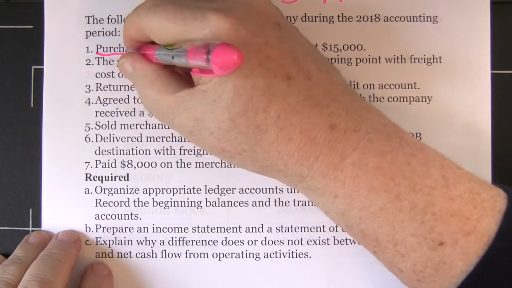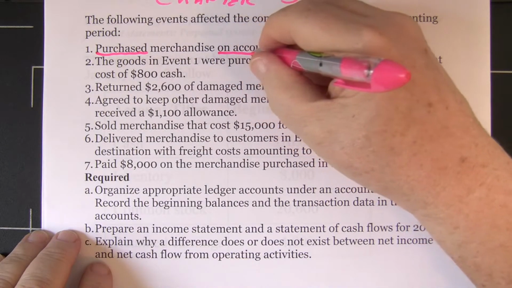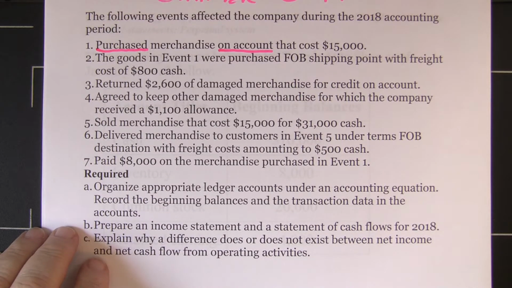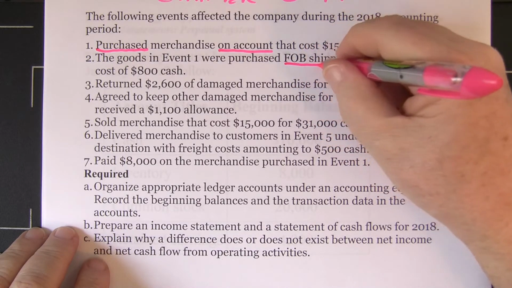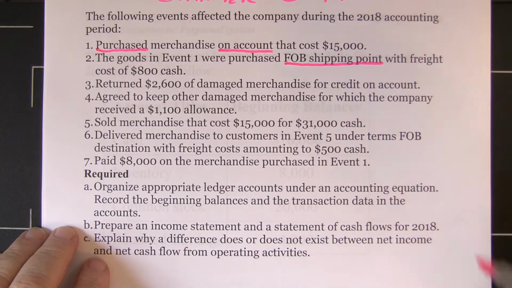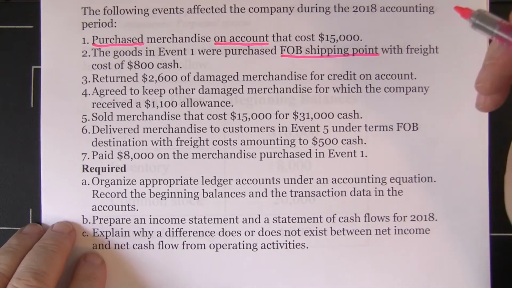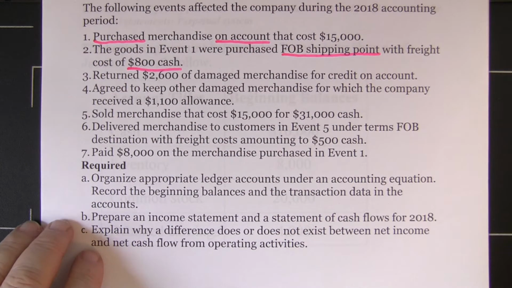Purchased on account. No cash went out. Purchases were FOB shipping point, which means the minute they were shipped, they belonged to the buyer, and the buyer is going to pick up the freight charges.